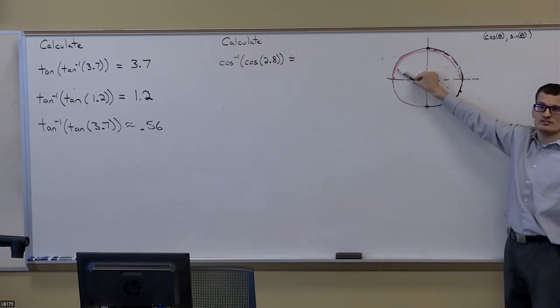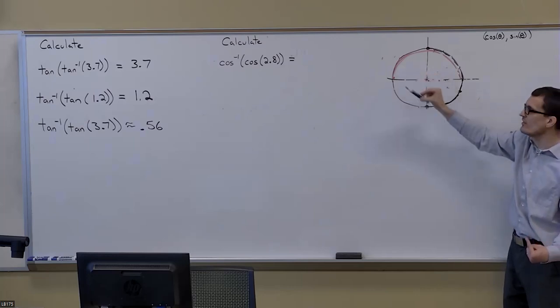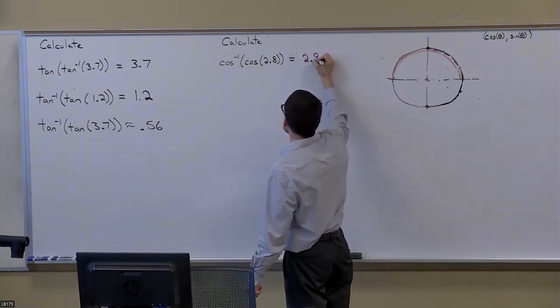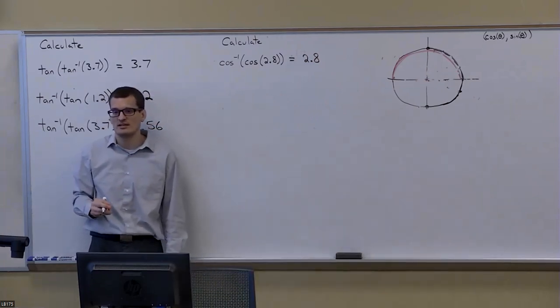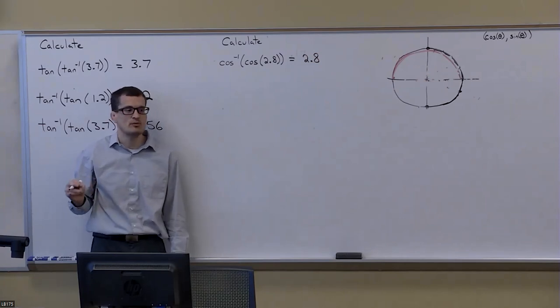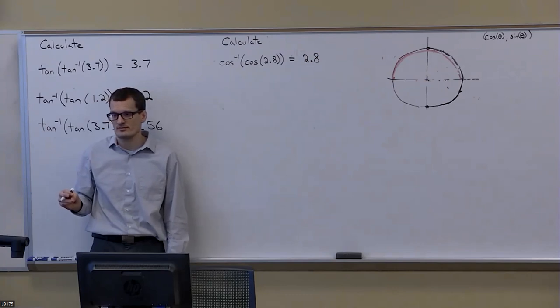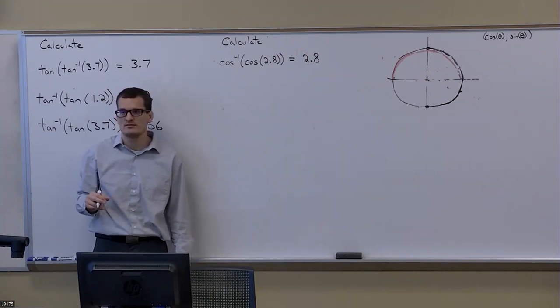Cosine inverse will generate a quadrant 2 value, right? And so without even typing into my calculator, I should expect to get 2.8, because 2.8 radians is where cosine inverse is fine. That makes sense?